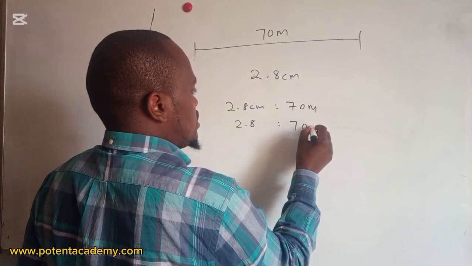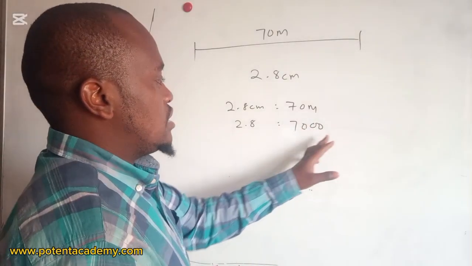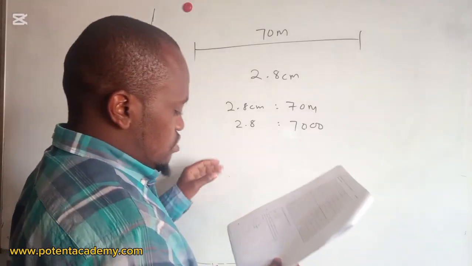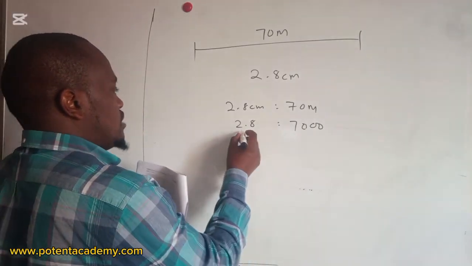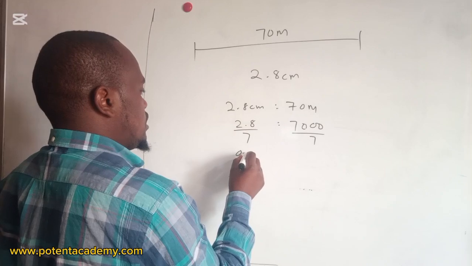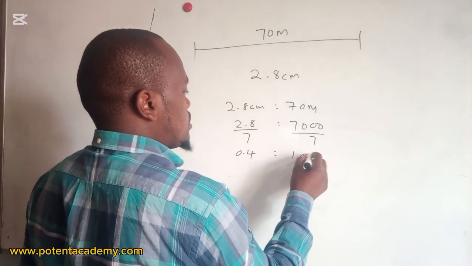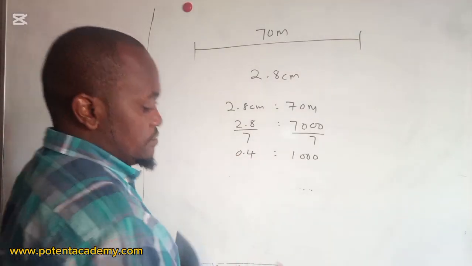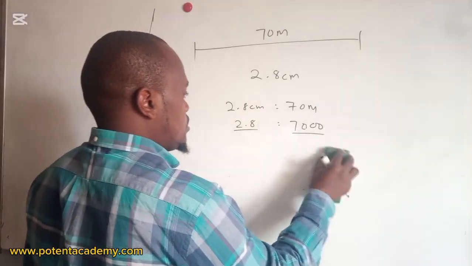70 times 100, so that is 7,000. So you need to simplify this. You can divide by 7, this would be 0.4 is to 1,000. Then you can multiply both sides by 10 to eliminate the decimal, we could have started with that to make it simple for you.